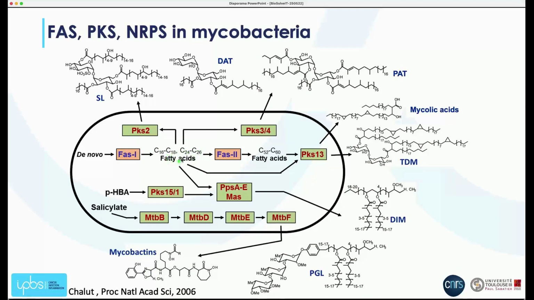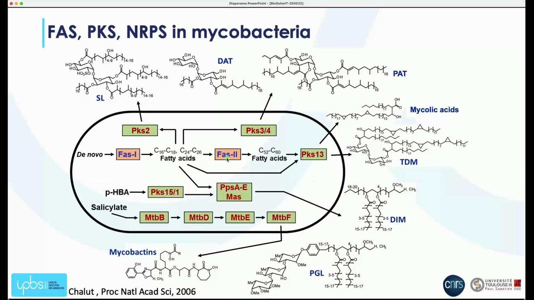These short-chain fatty acids can be further elongated by another system, called fatty acid system 2. This is not a megaenzyme, it's just a huge complex made of many enzymes that will elongate the short-chain fatty acids up to a chain length of about 60 carbon atoms.